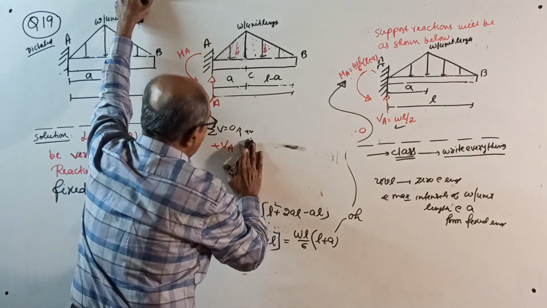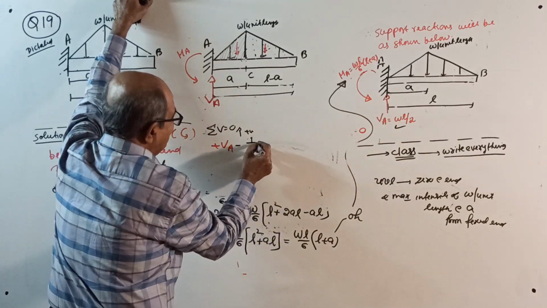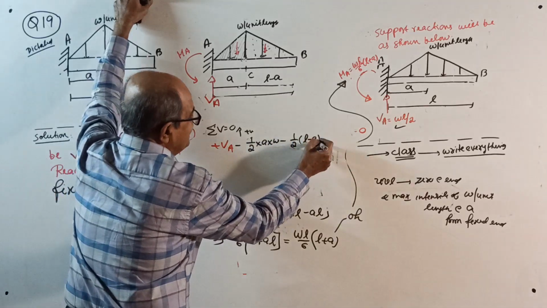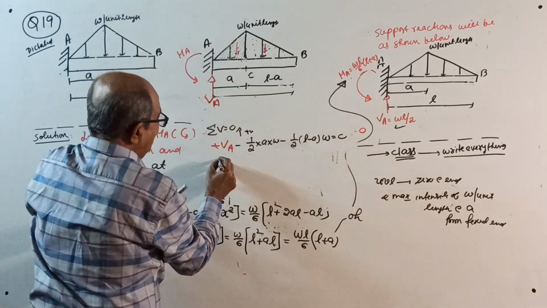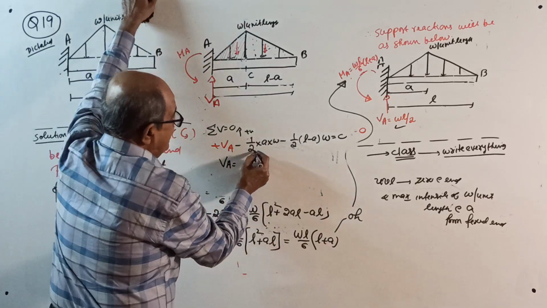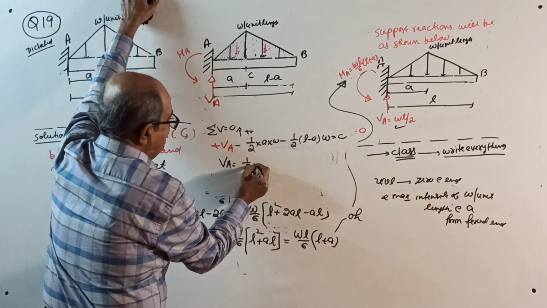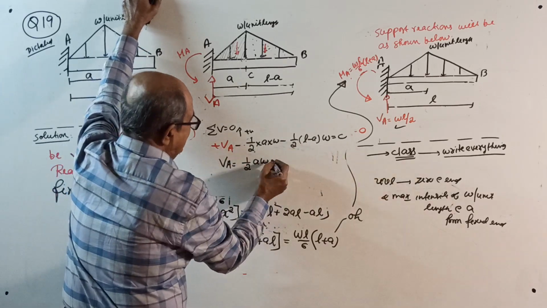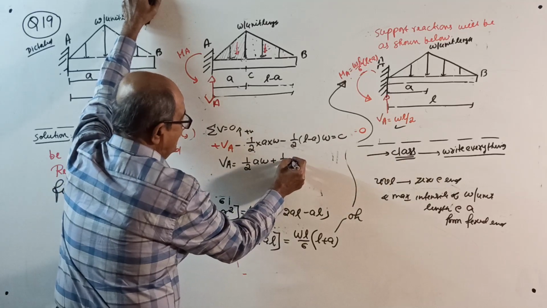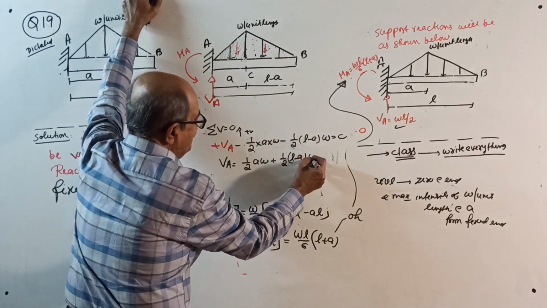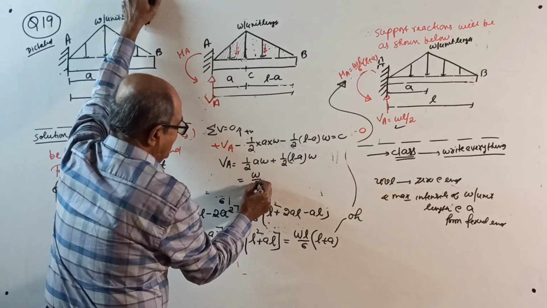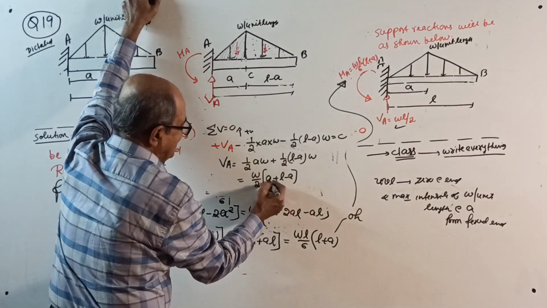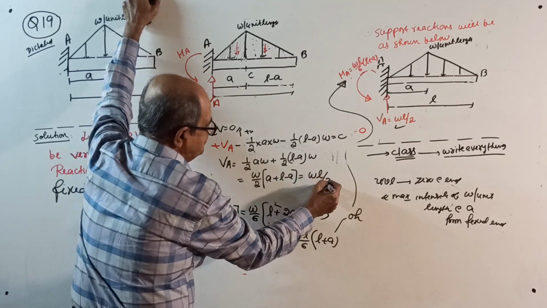Okay, or, no problem. Minus half into A into W minus half into L minus A into W equal to 0, or your VA equal to, see that side, half into A into W, minus becomes plus that side, plus half into L minus A into W, or W by 2 into A plus L minus A cancels, WL by 2.